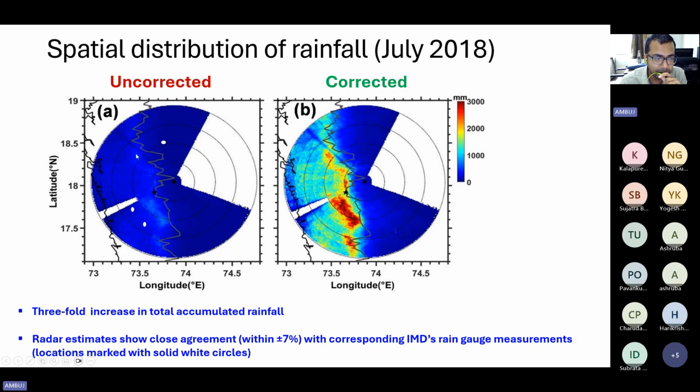And in fact, when we compared the radar estimates with IMD rain gauge measurements at these locations marked by solid white circles, we found that there is a very close agreement, almost within plus minus 7%, which showed that the radar estimates are correct.